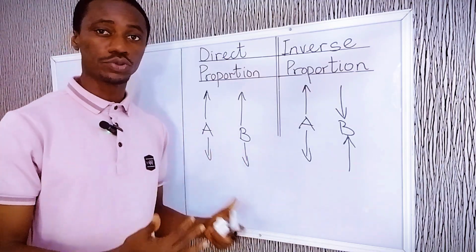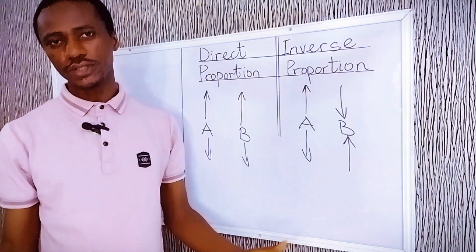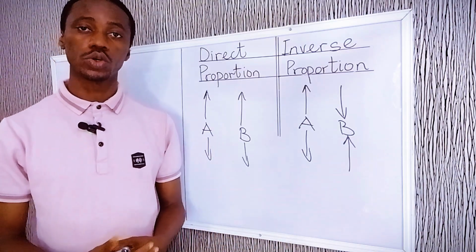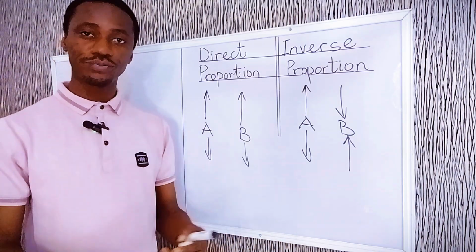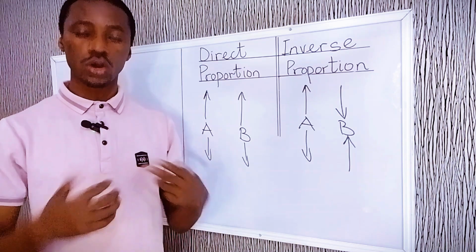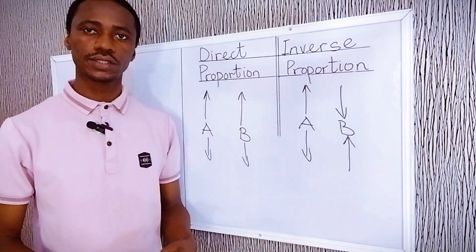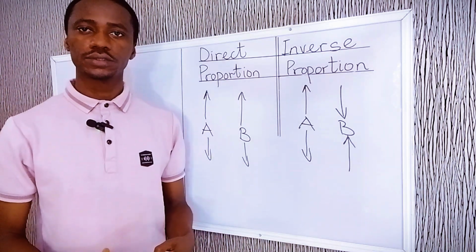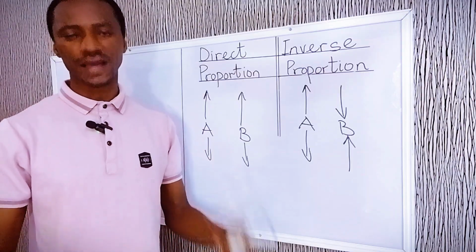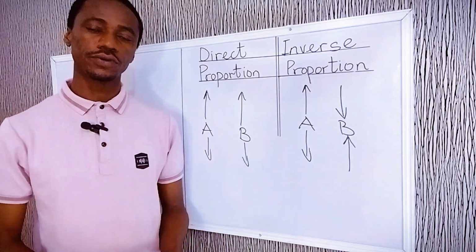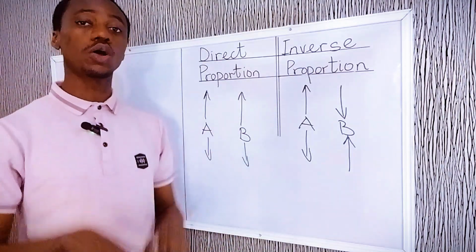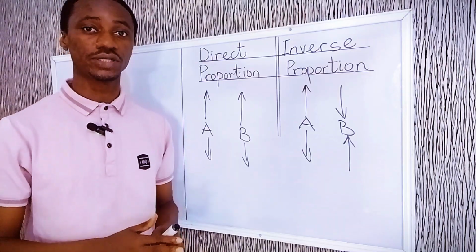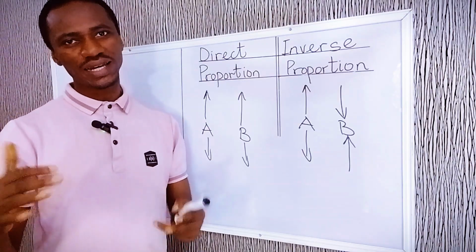let's say the number of people doing something and the time they spend doing it. If you have 5 people working on something at the same rate, and let's say they spend 5 hours. Now, if you put more people on that same thing working at the same rate, they're going to spend fewer hours.